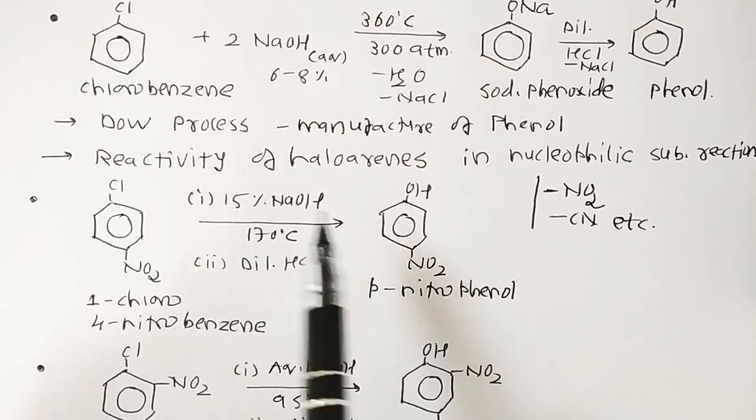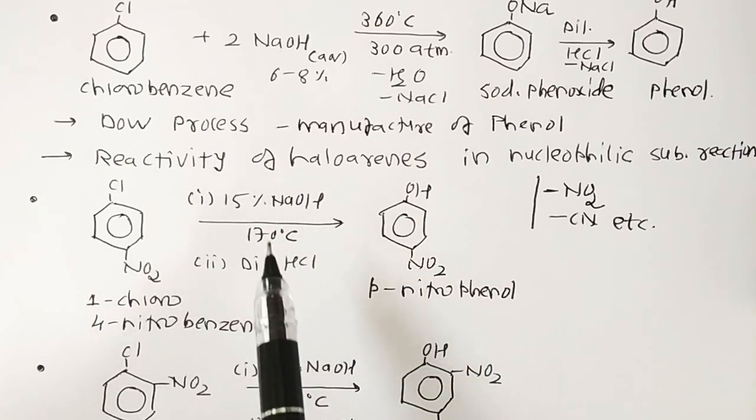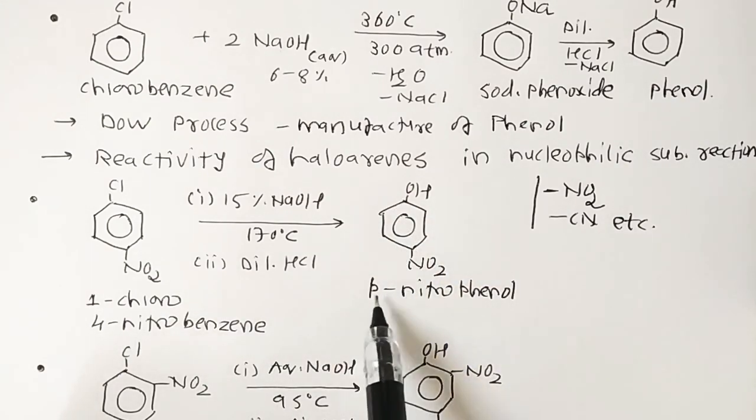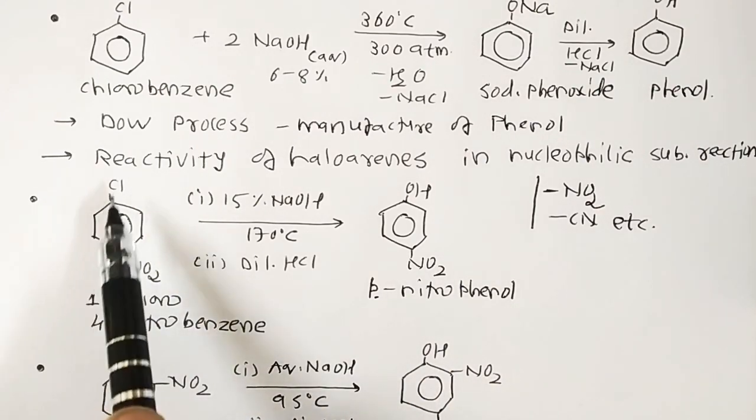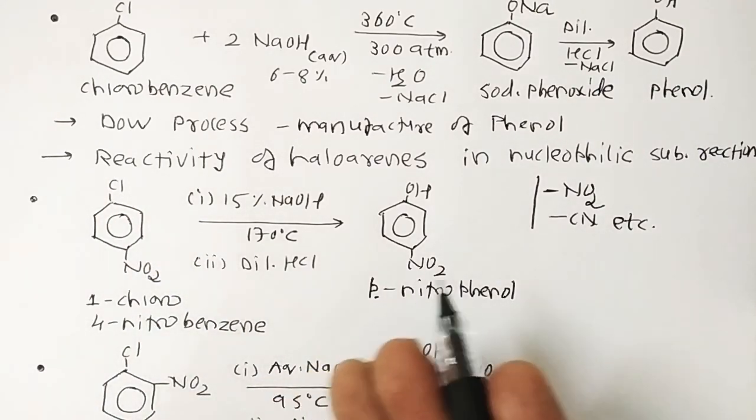Then we acidify with dilute HCl and we get the product para-nitrophenol. We will understand the mechanism in a later portion.